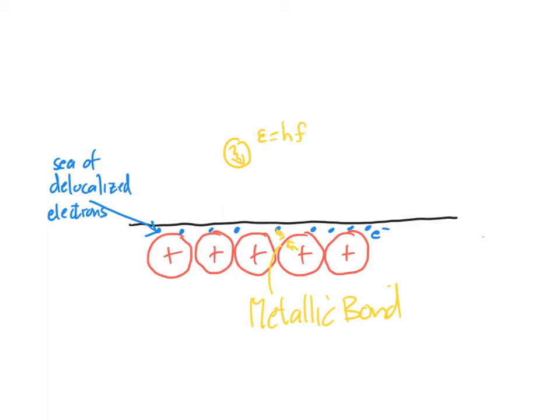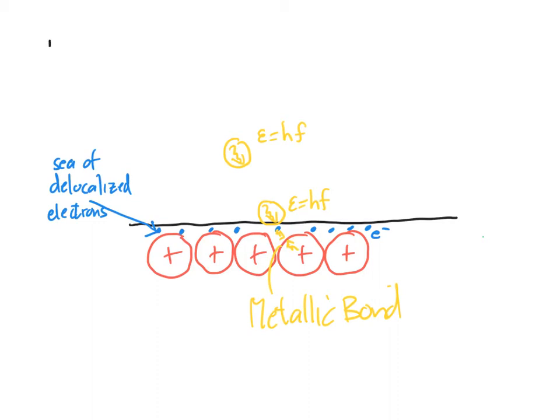As this photon comes in, it hits this electron, and the way it works, it gives all its energy to that electron. It's a one-to-one relationship, and that's very important.